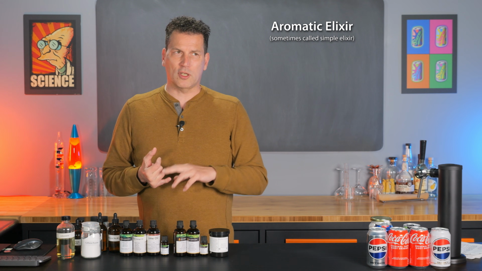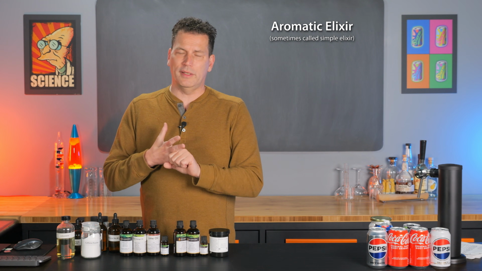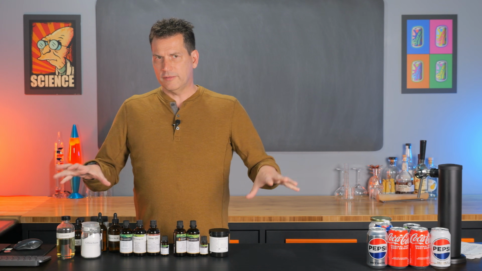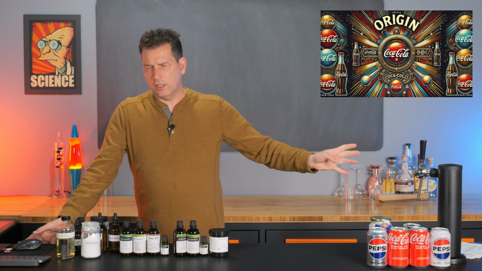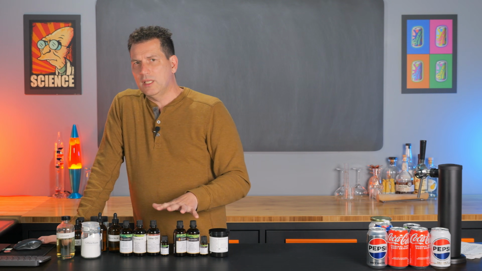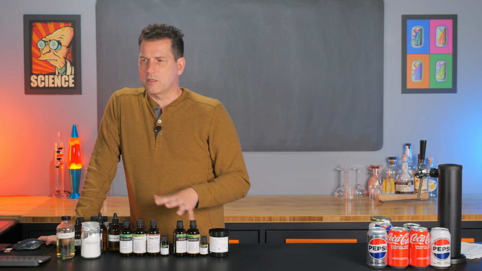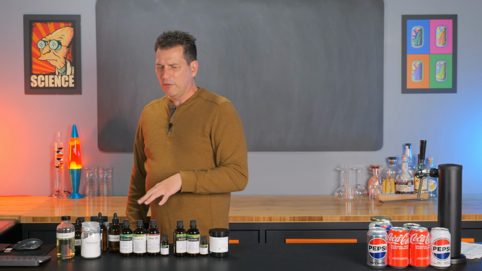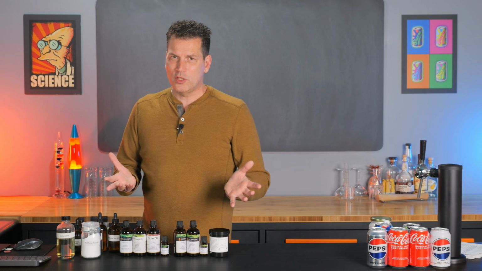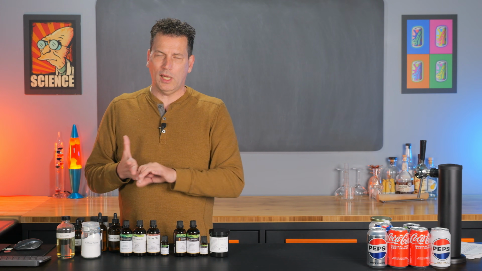It started off as a combination of sweet orange oil and cinnamon, and then pharmacists slowly added to it. Again, you can check this video where I talk more about it. This flavor would have been known to pharmacists.